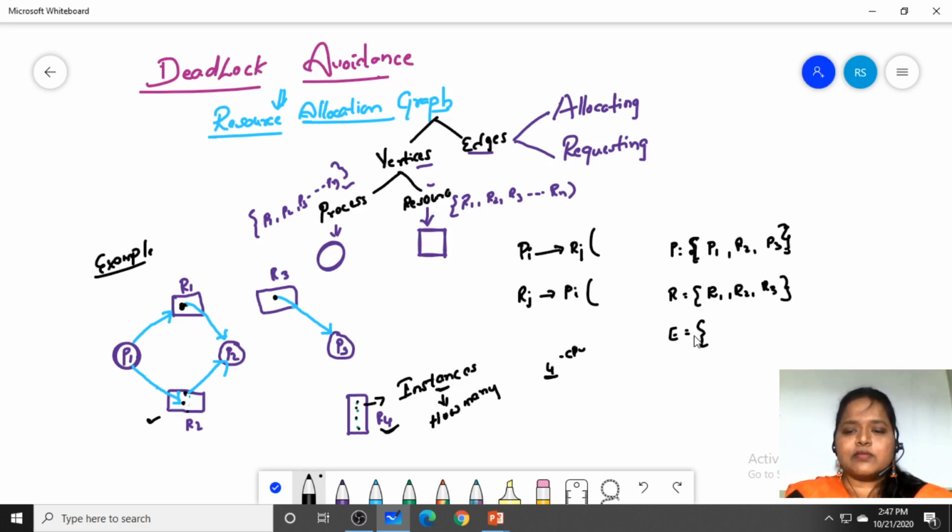So when it comes to the edges, we can say this is an allocating edge or assignment edge. If the edge is from P1 to R1, process to resource, this is the assignment edge.